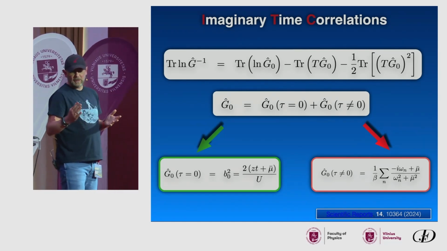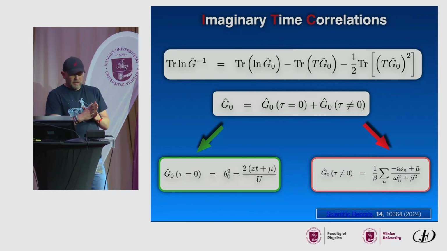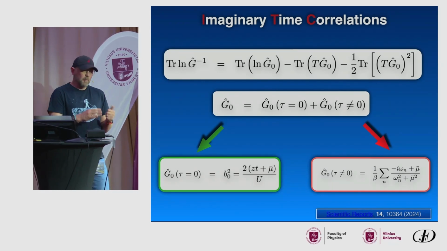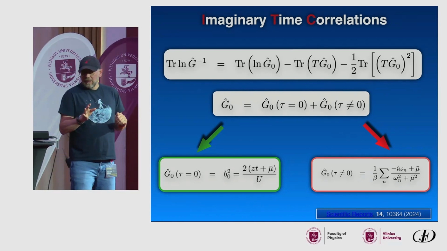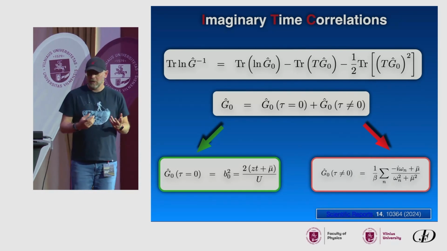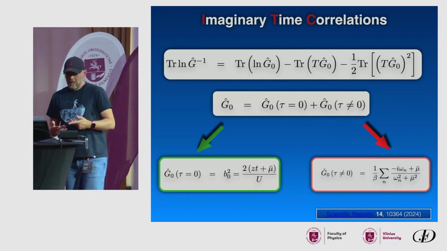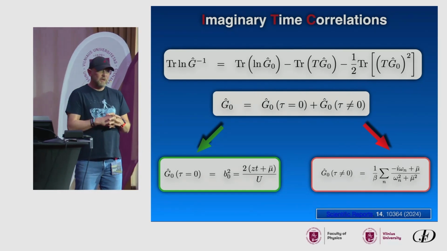So you have to expand it in a Taylor series. The Taylor series contains some parts which are imaginary, and usually you just cut them off and say, okay, it's imaginary, so it's not very important. So for the first time in many-body physics, we started to think, okay, maybe it's not.